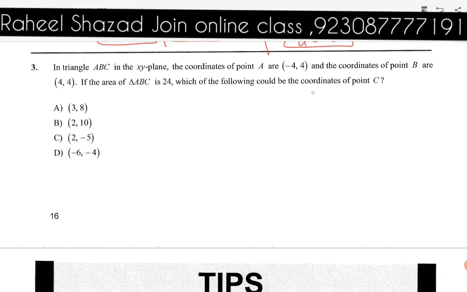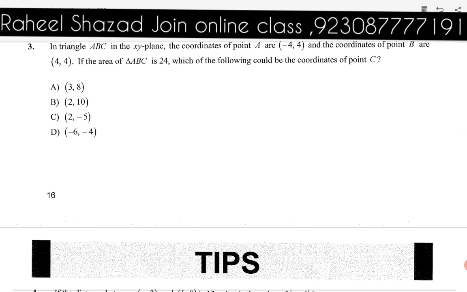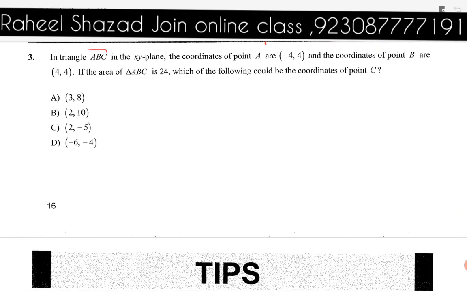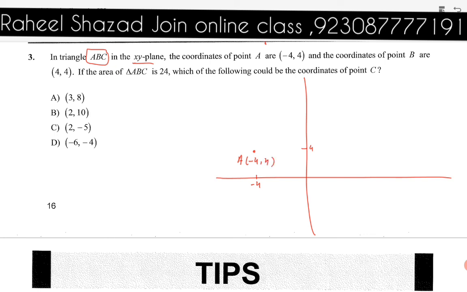It's given that in triangle ABC in the xy plane, the coordinates of point A are minus 4 and 4. So let us suppose this is point A with (minus 4, 4).